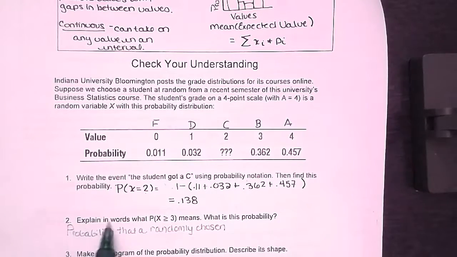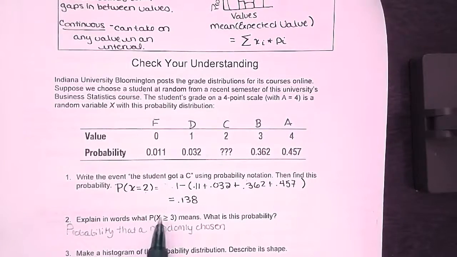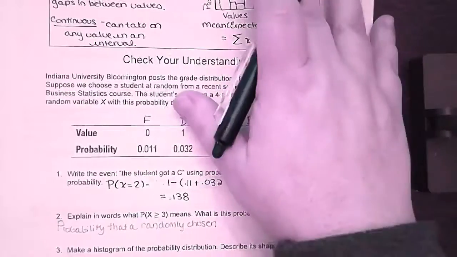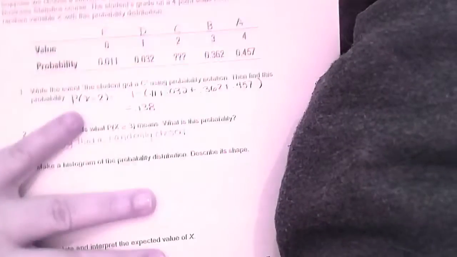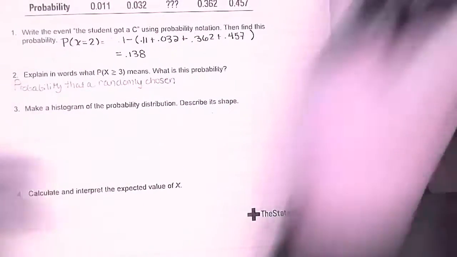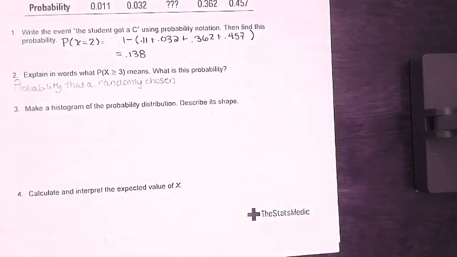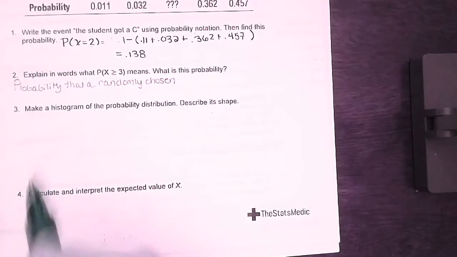What is the probability in words that X is greater than or equal to 3? What does that mean? So let's talk about that. Okay, so what is a 3?